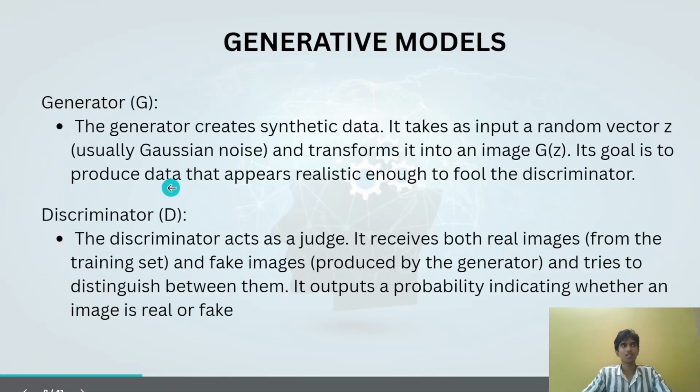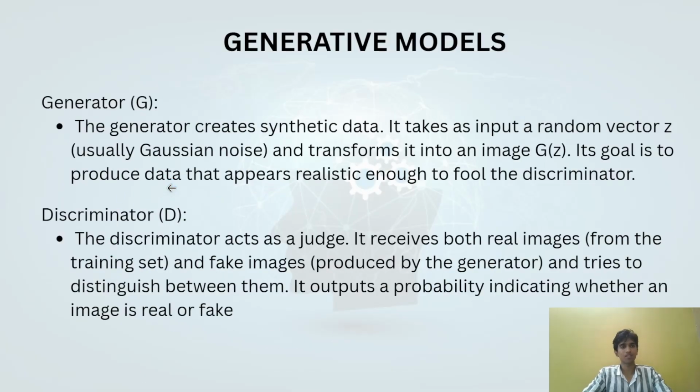So yeah, generative adversarial networks consist of two parts, which are generator and discriminator. The generator creates synthetic data. It takes a random vector, which is usually a Gaussian noise, and transforms it into an image g of z. Its primary goal is to form something which mimics a real face image as much as possible, so as to let the discriminator accept it as a real face image.